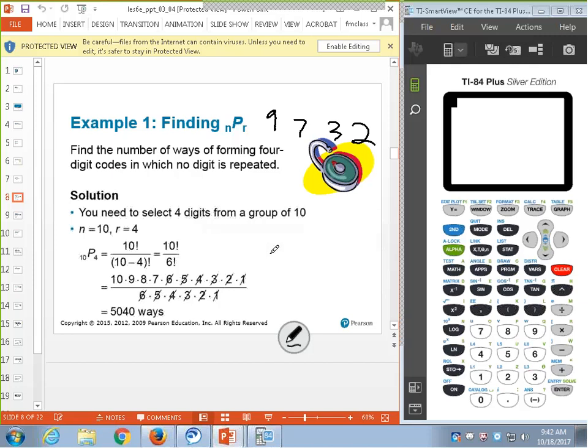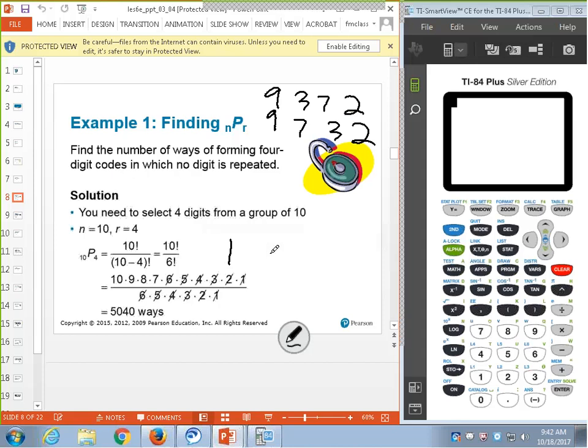Do you have to get the right order to open the code? Well, no, I think the order matters. Like if I put in 9, 3, 7, 2, it's not going to work. It does matter, yeah. So order matters, so it's a permutation, right?